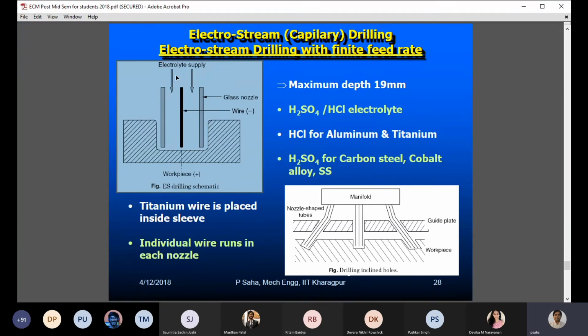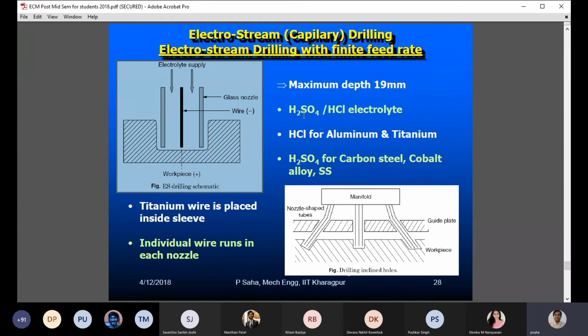Here we are using a very conductive wire. Typically we use a platinum wire for this kind of application. This wire is connected to the negative terminal, obviously, and the job is connected to the positive terminal.